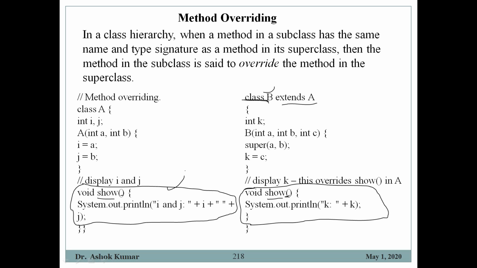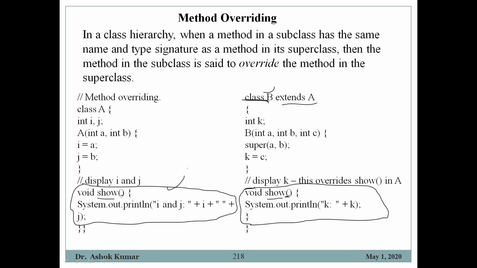So why do we do this? The first important point is we do overriding when we want to hide the definition of the superclass method. So I repeat, when we need the superclass method to be hidden.